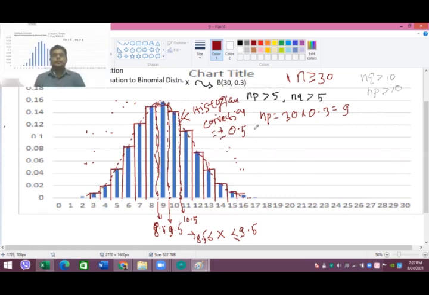So for example, you intend to find the probability of x equal to 7. Let me check for x equals 7.